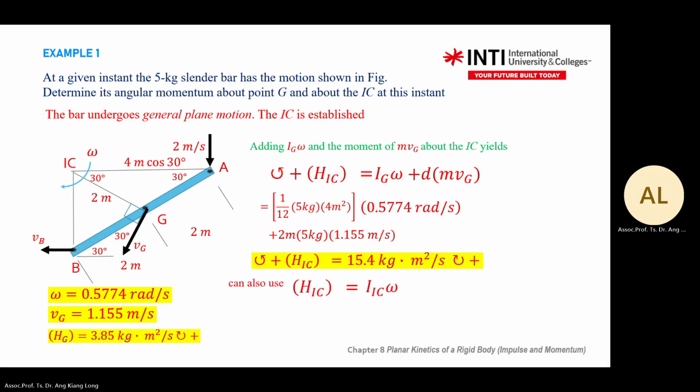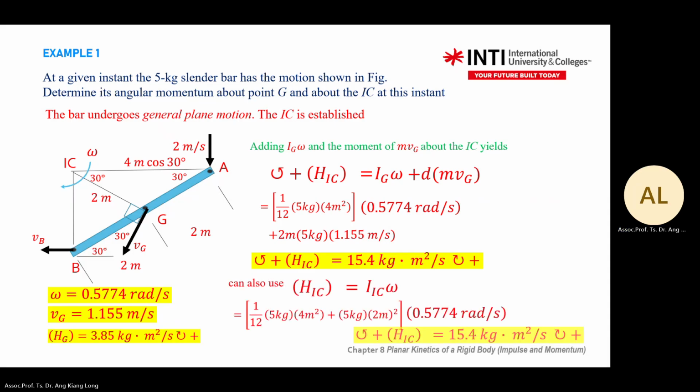So there are two questions here. One asks you about the center of mass, and the other asks you about the IC point here. H at G is the angular momentum about point G, which is this section on the left.